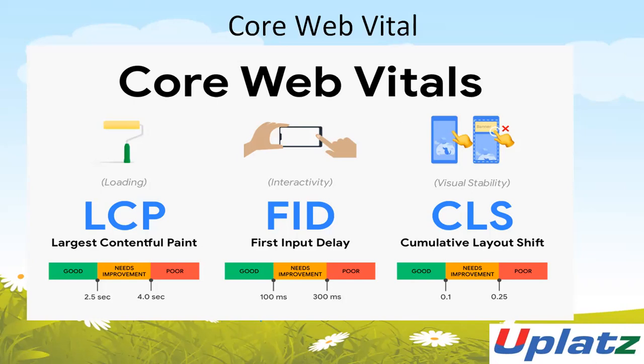These three metrics were introduced by Google with thresholds: LCP should be lower than 2.5 seconds, FID should be less than 100 milliseconds, and your Cumulative Layout Shift should be less than 0.1.